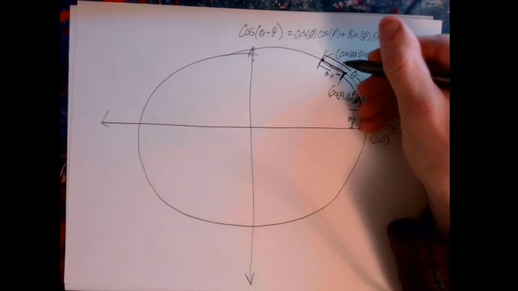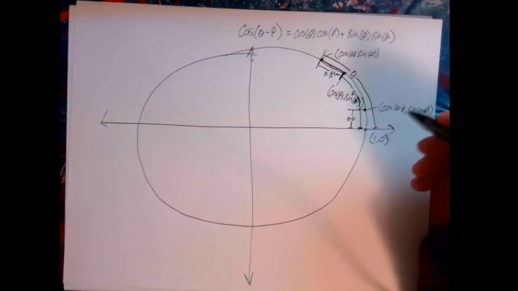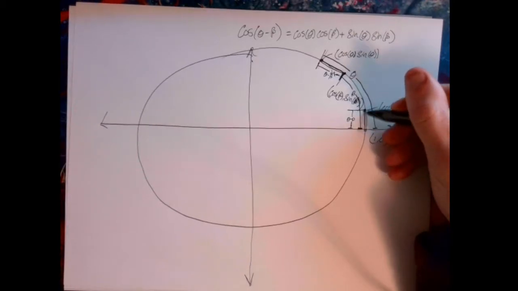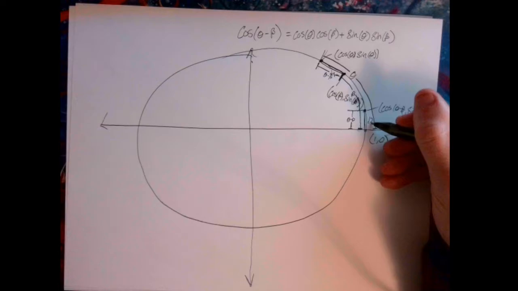It's a straight line, it's not in the circle. The distance is the same as the distance from (cosine of theta minus beta, sine of theta minus beta) to (1, 0), because all we did was translate it. And this is d2 here.